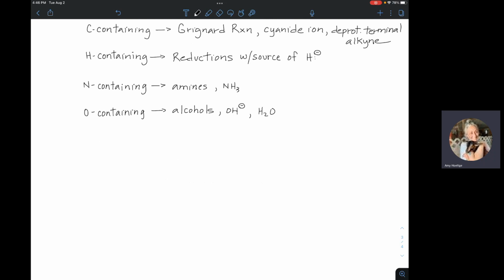The second way, and again, this second way will be its own video, a third video. This will be reactions specifically at the alpha carbon. So in other words, we're going to do what's called enolate chemistry. In your textbook, I think this has its own chapter, comes after the aldehyde ketone chapter, I believe, or maybe it's a couple of chapters ahead.